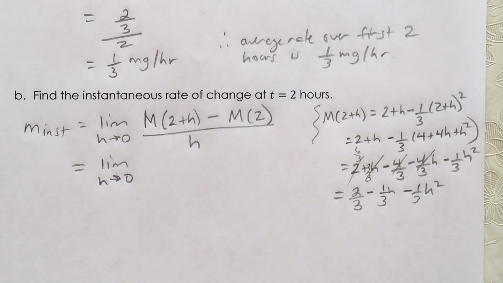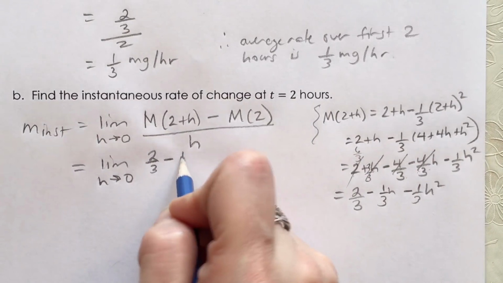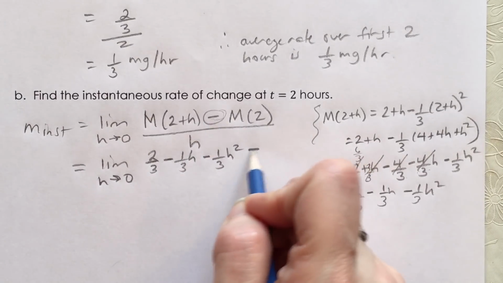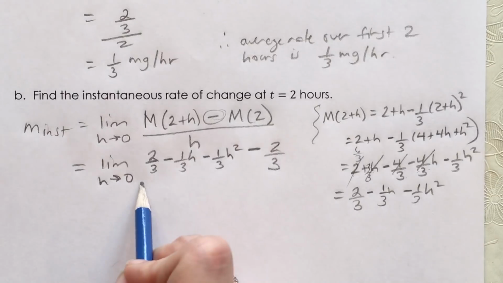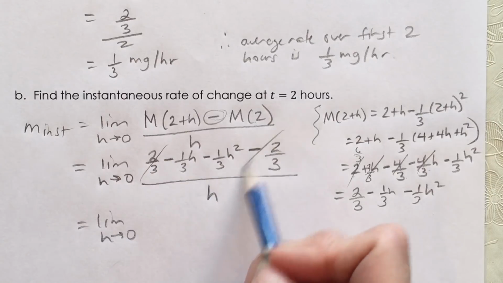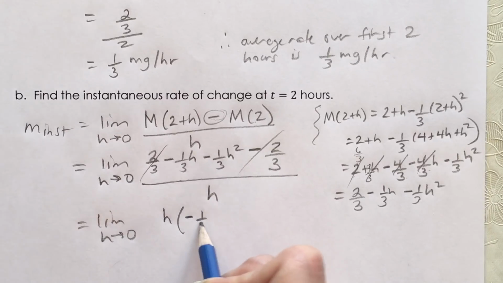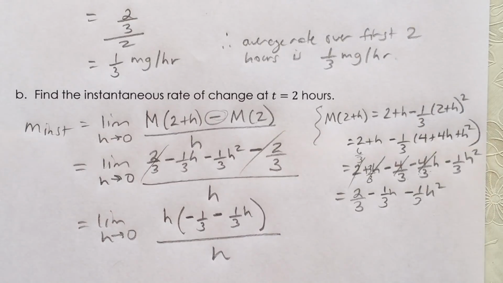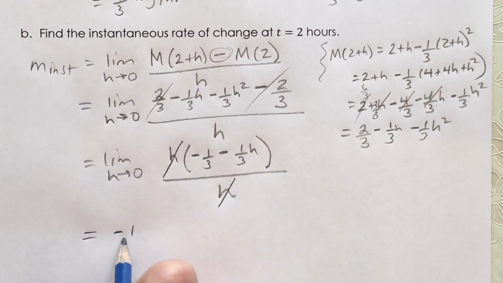So we can replace capital M at 2 plus h with 2/3 minus 1/3 h minus 1/3 h squared, and then minus M at 2, which we figured out was 2/3 from the question before, all over h. So we have 2/3 minus 2/3. We can factor an h out, and we get negative 1/3 minus 1/3 h, over h. Then our h's divide out, so we can let h approach 0, and we get negative 1/3.